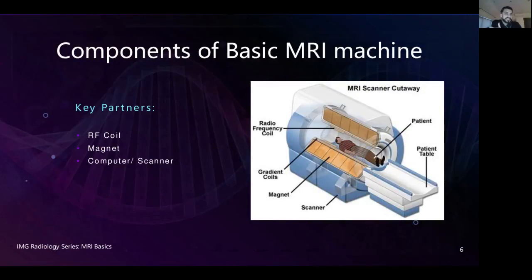Now, the basic principle of how an MRI machine works is based on magnetic fields. You're creating an external magnetic field that will affect the body. We're going to talk a little bit about how in a minute. But in a nutshell, the body is made up of a lot of water, roughly about 70%, and water contains both hydrogen and oxygen, as we know.